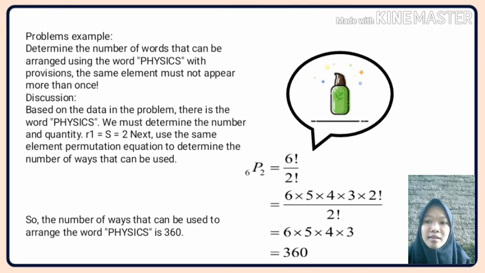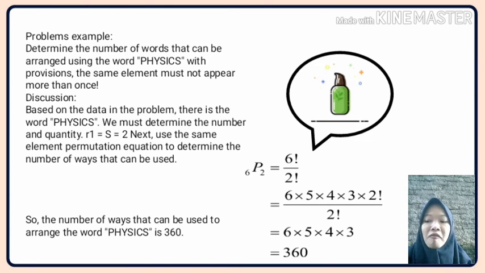Next, use the same element permutation equation to determine the number of ways. 6P2 equals 6 factorial divided by 2 factorial, equals 6 times 5 times 4 times 3 times 2 factorial divided by 2 factorial, equals 6 times 5 times 4 times 3 equals 360.